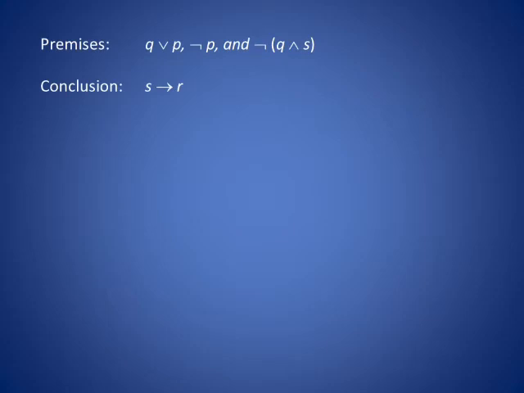This proof will also use conditionalization. The conclusion is S implies R. Conditionalization allows us to assume S as if it were an extra premise. If we were then able to conclude R from S together with the original premises, then the conditionalization rule says we can conclude S implies R without the premise S. Again, however, R is not mentioned any place in the premises.